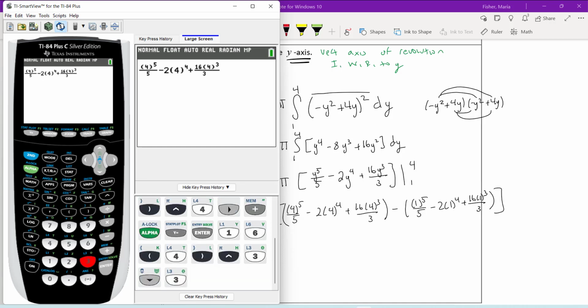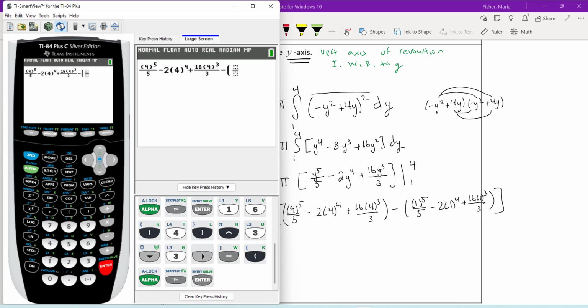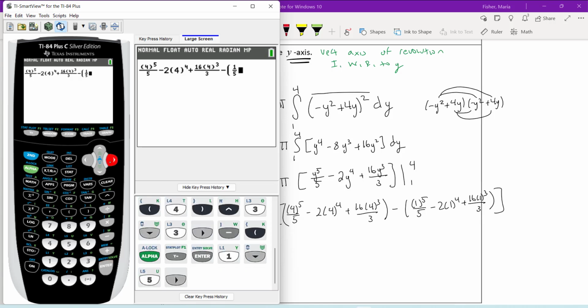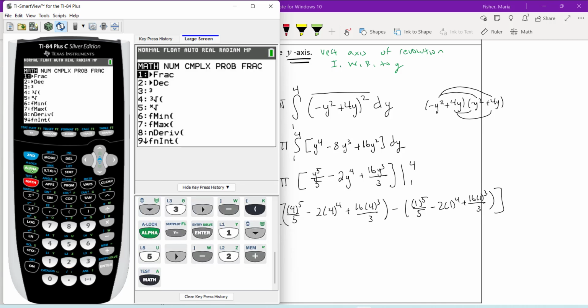And then I'm going to say minus and open a parentheses here for the second one. Since it's just 1 to the fifth, I'm going to write 1 over 5 instead of 1 to the fifth over 5, because we know that 1 to the fifth is just 1. And then instead of 2 times 1 to the fourth, I'm just going to say minus 2, because 1 to the fourth is just 1, times 2 is just 2. And then the last one, following the same pattern, we're just going to write 16 thirds.